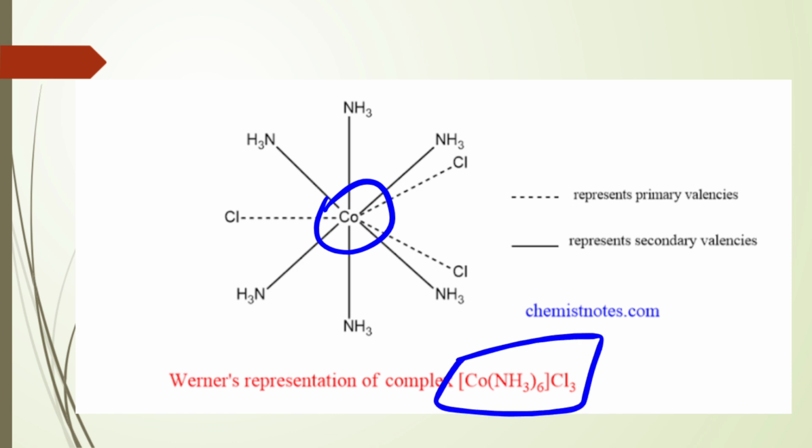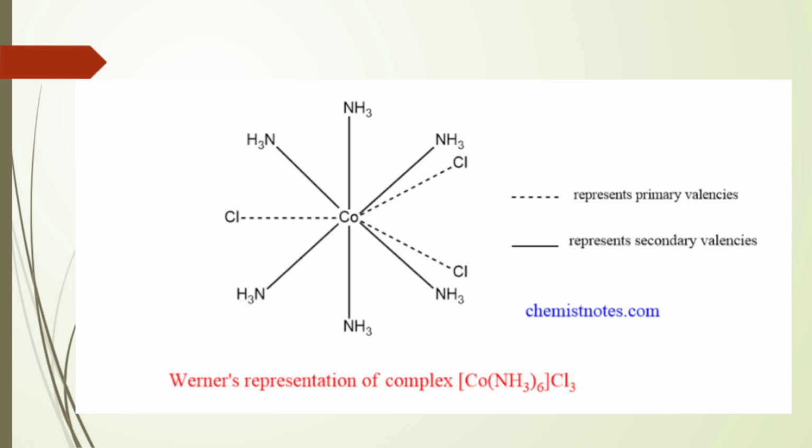We are also going to learn how to name this structure. We see the central metal atom is cobalt, so it is in the center. And we say that the chlorine is not directly bonded to the cobalt. It is a primary valency, so as we see, it is represented by dots.